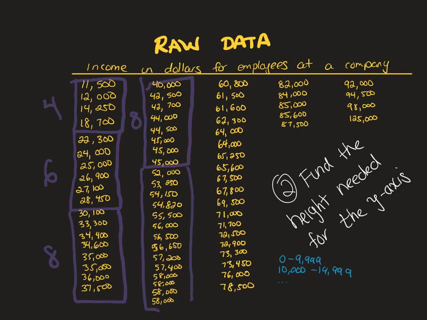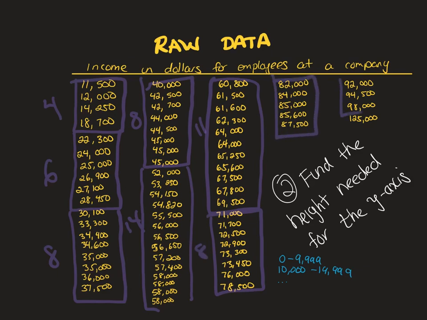I see 14 numbers that appear. There are 11 numbers in the $60,000 range, 8 in the $70,000 range, 5 in the $80,000 range, 3 in the $90,000 range, none in the $100,000 range, but we do have 1 in the $120,000 range. The interval with the largest frequency has a frequency of 14 raw scores.